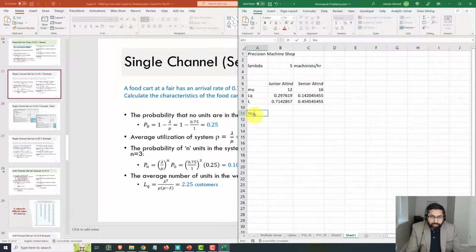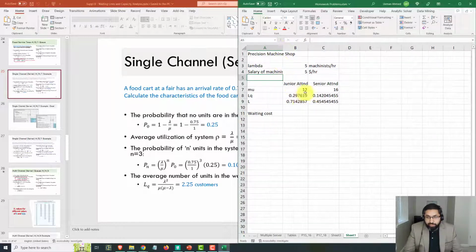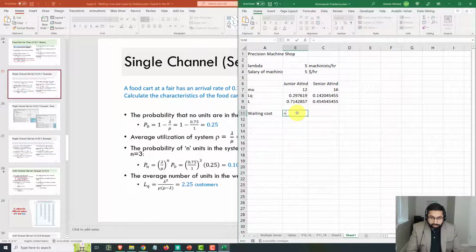And so then our waiting cost is simply the salary of the machinist, which is $5 per hour. At any given time we have this many in the system. So we do L, this is the number of machinists waiting, multiplied by their salary, and this will be the waiting cost in dollars per hour.